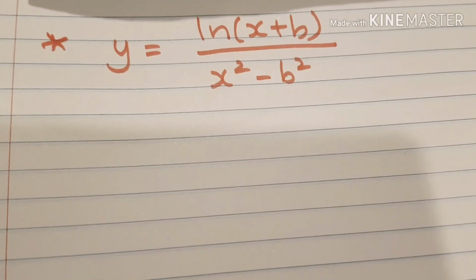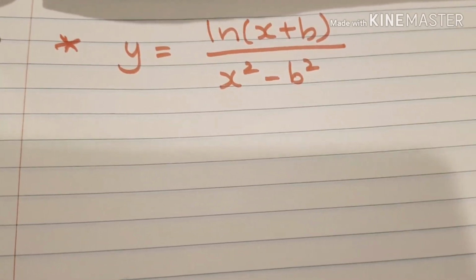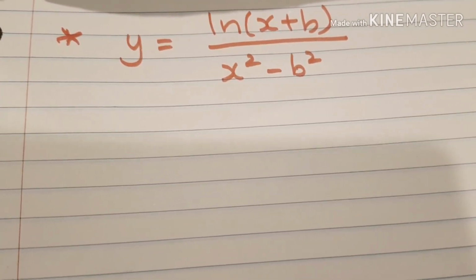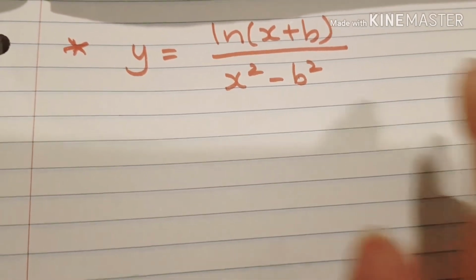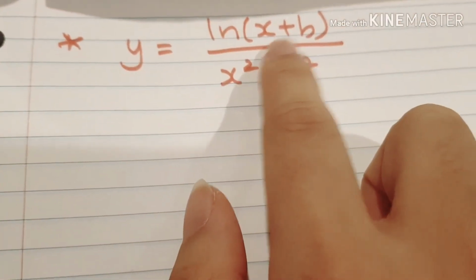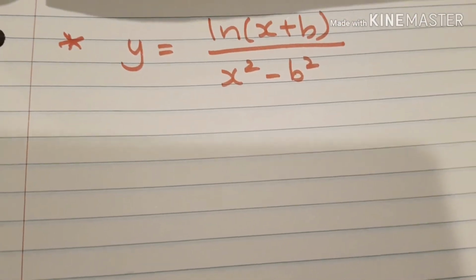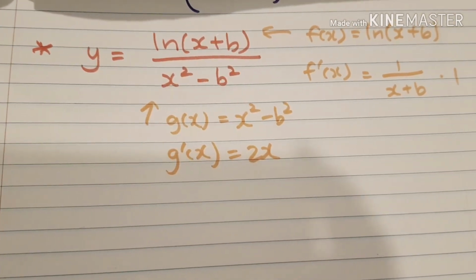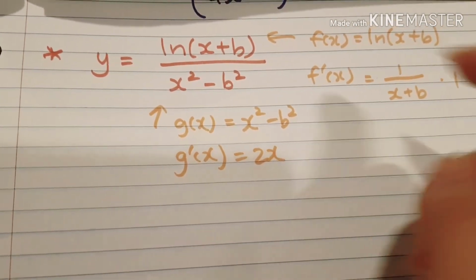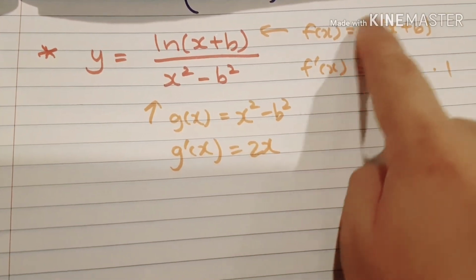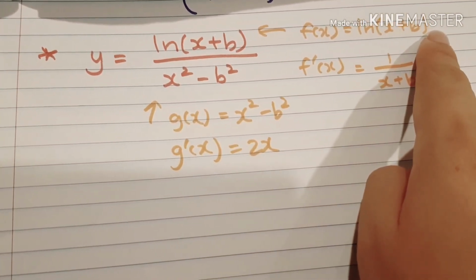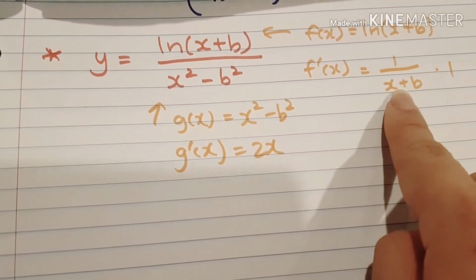Okay, one last question. I'll go over one of the questions that includes a ln. Okay, right. You need to differentiate top and the bottom separately. There you go. So if you have ln x, if you differentiate it, it's going to be 1 over x, right?